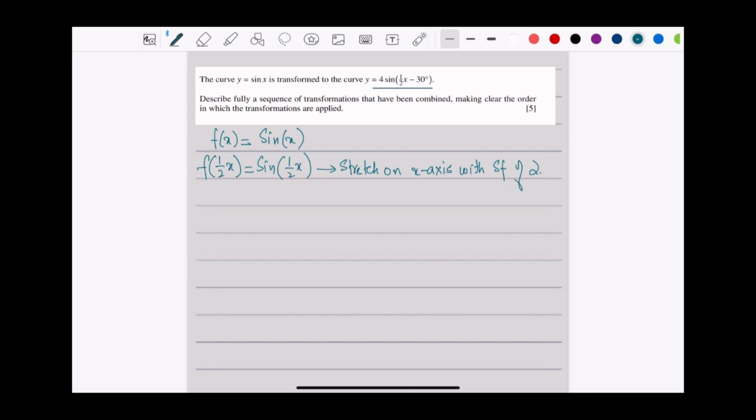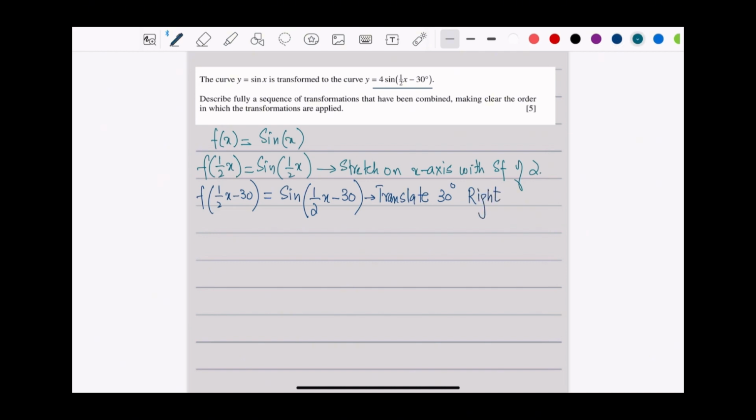Now next step, f of 1 over 2x minus 30. So sine 1 over 2x minus 30. Translation, that's the right word. 30 degrees right.